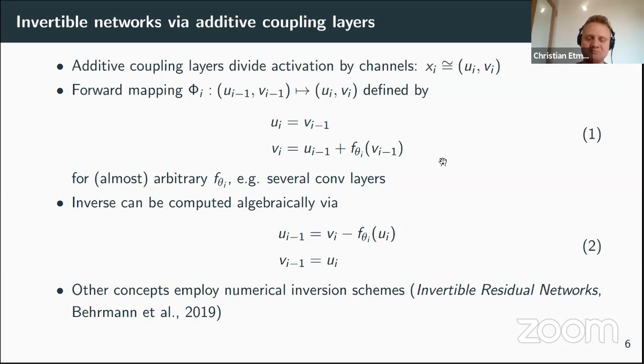So just by pushing some terms around, we can see that if we have u_i and v_i available, we can simply calculate u_{i-1} and v_{i-1} by this inversion scheme. Other concepts for this can, for example, employ numerical inversion schemes, such as invertible residual networks by Jens Behrmann and others, and Jens is also present.